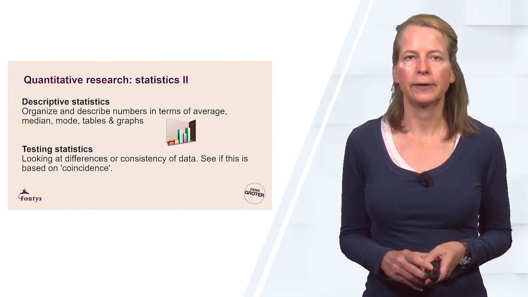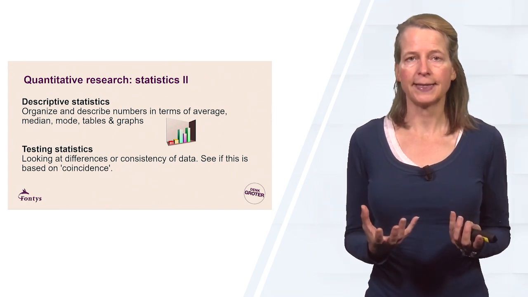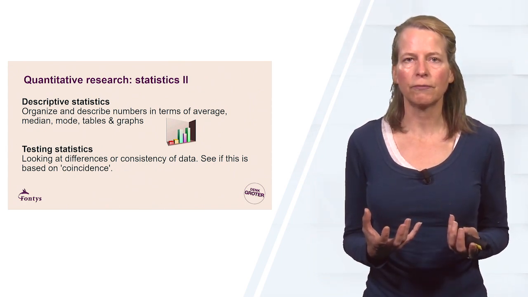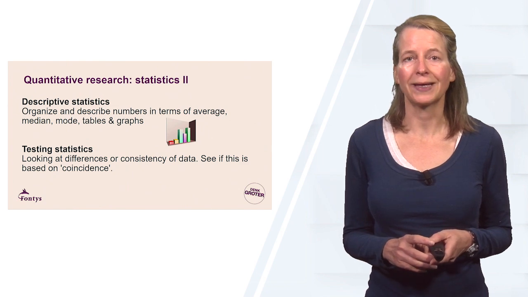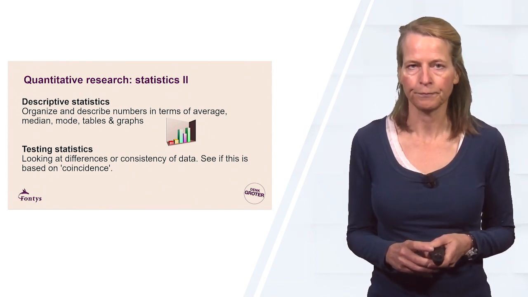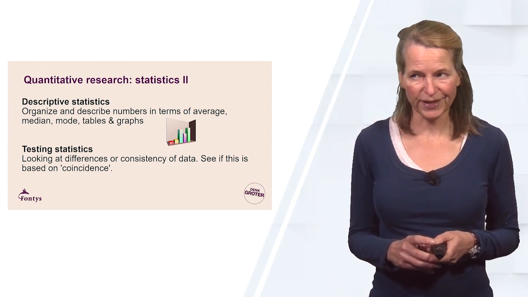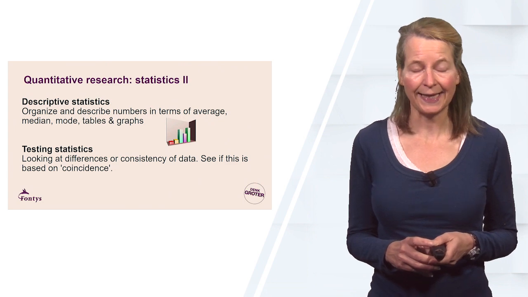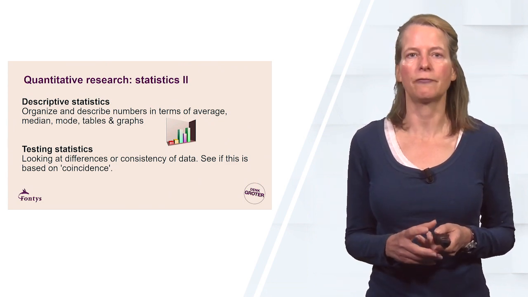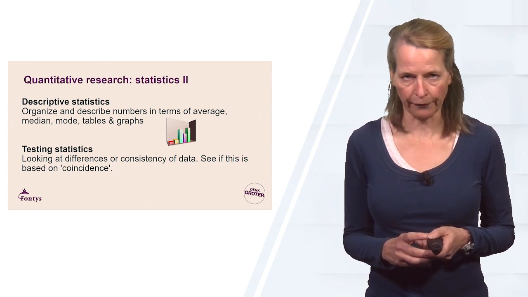We may also calculate the median, the mode, and again, we represent that information in a histogram, in a pie chart, or in a table, or in any other type of graphs. Descriptive statistics is descriptive, but doesn't necessarily say something about the meaning of the data. We cannot really draw conclusions.